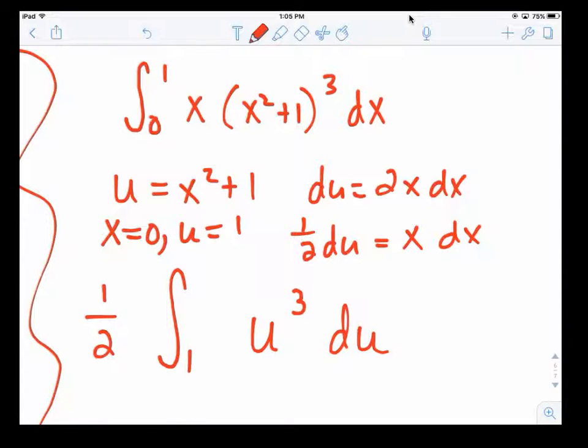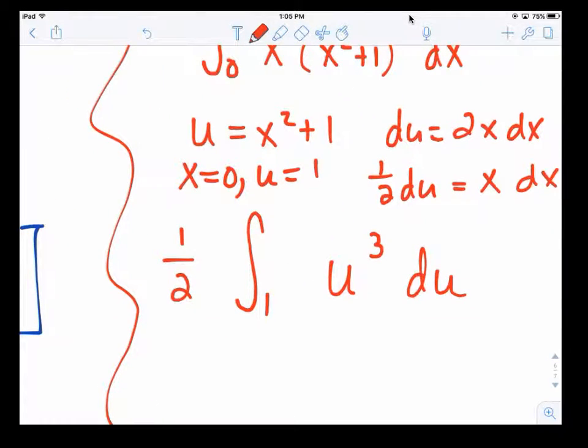And then when x is equal to 1, u is going to be what? 2. So your upper bound would then be 2.